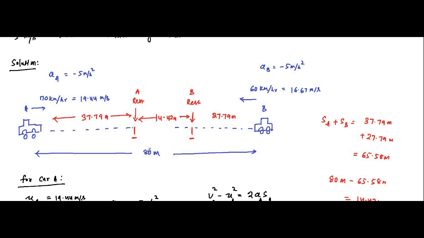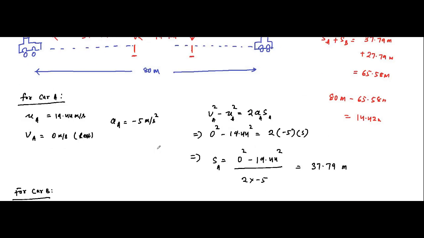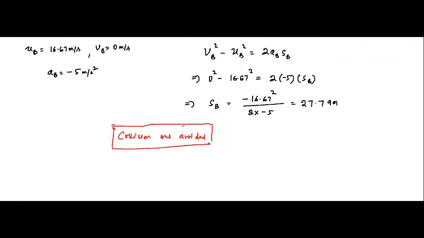Here it is lesser than the initial separation, 65 is lesser than 80. So for that reason the collision was avoided. If the distance traveled would have been greater than that, then the collision could not be avoided, they would have collided with each other, the accident was inevitable.